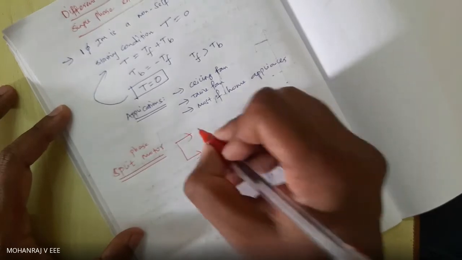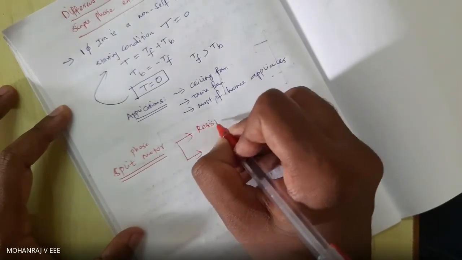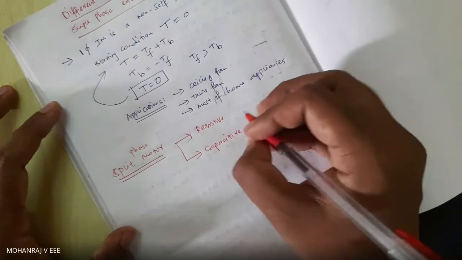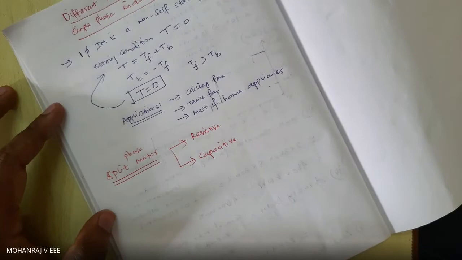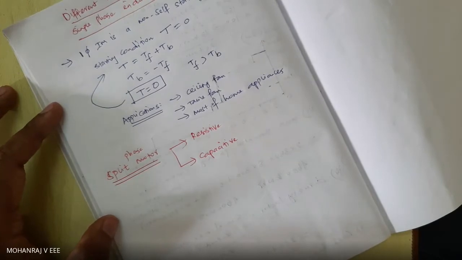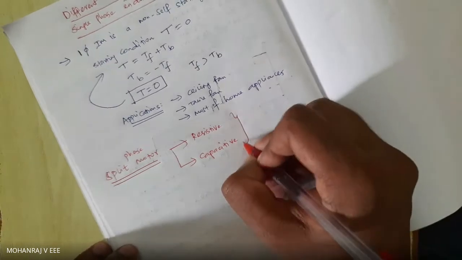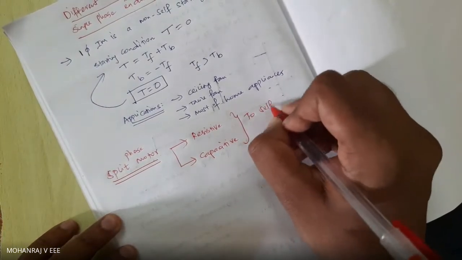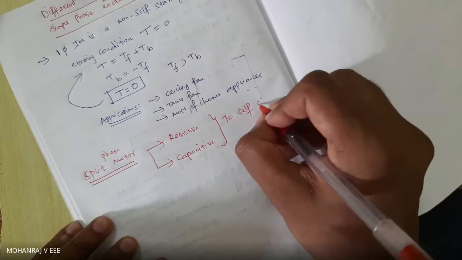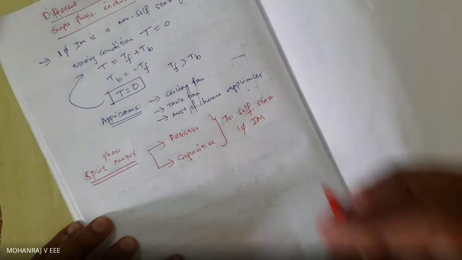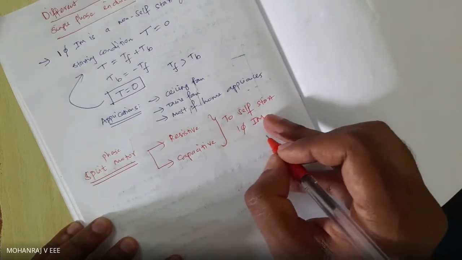One is resistive type, the other is capacitive type. So what is the use of this resistive split phase motor or capacitive split phase motor? It is used to self-start a single phase induction motor. IM stands for induction motor.